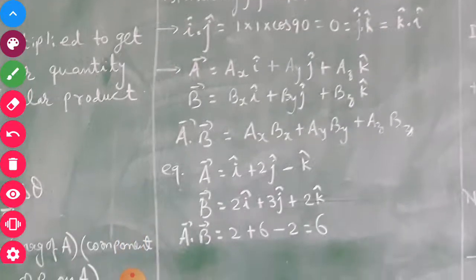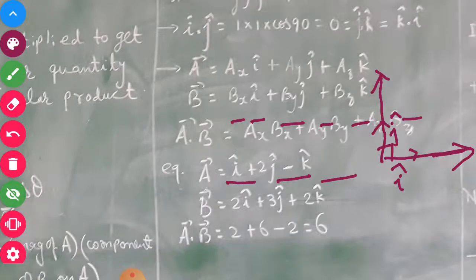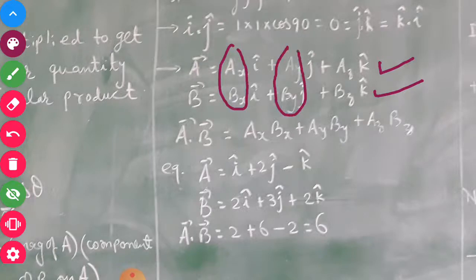Now if two vectors are given, that is Ax I cap plus Ay j cap plus Az k cap, and the other one is Bx I cap plus By j cap plus Bz k cap, and you want to find the dot product, then multiply x component with x component, y with y and z with z, because I cap into I cap becomes 1, J cap into J cap becomes 1, K cap into K cap becomes 1.